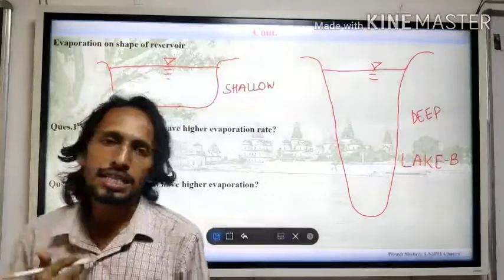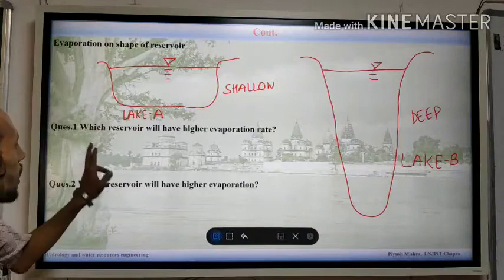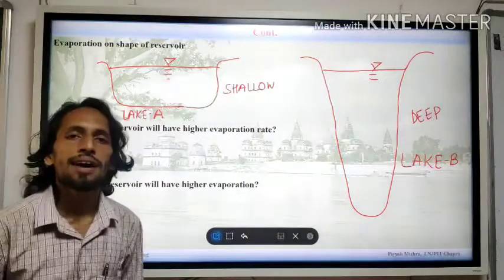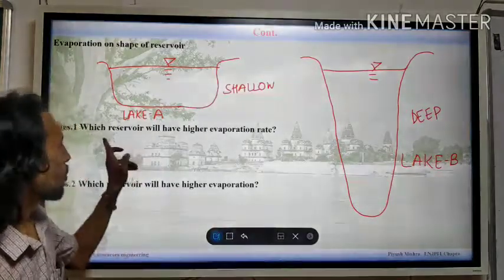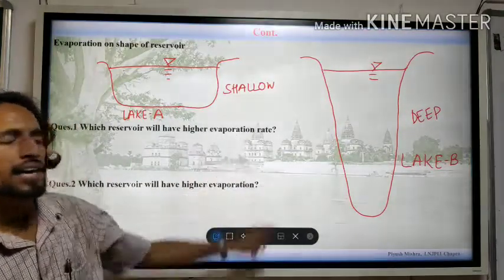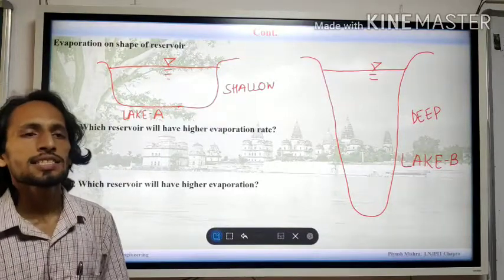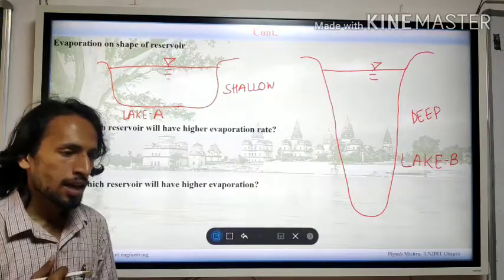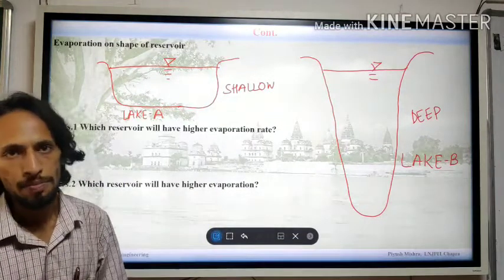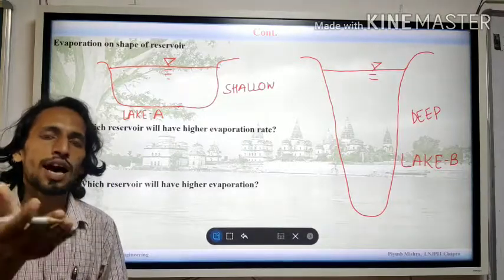Somebody asks you a question: tell me which lake will have a higher evaporation rate. Which reservoir will have a higher evaporation rate? If somebody asks you this question with this much data, what will be your answer?